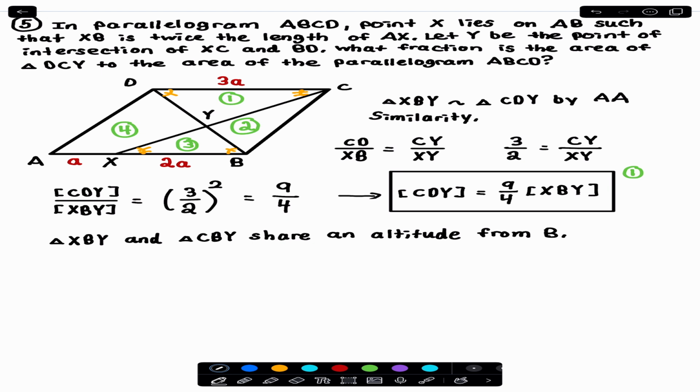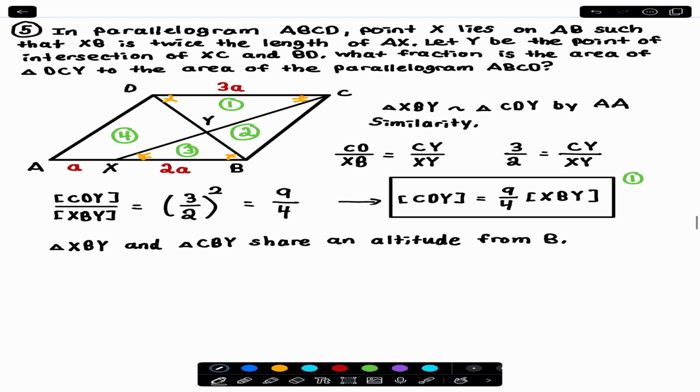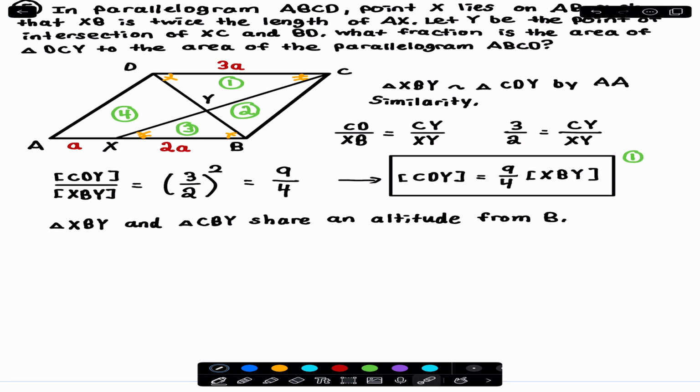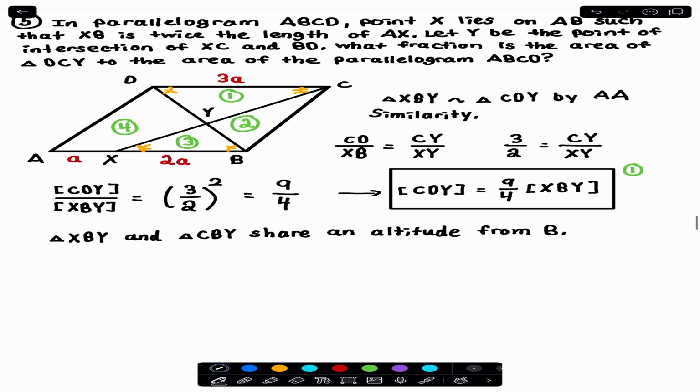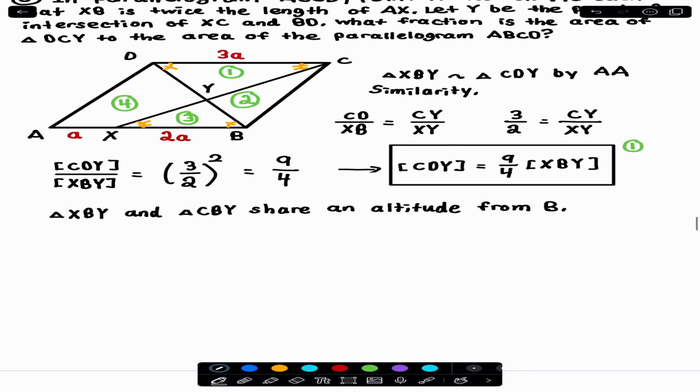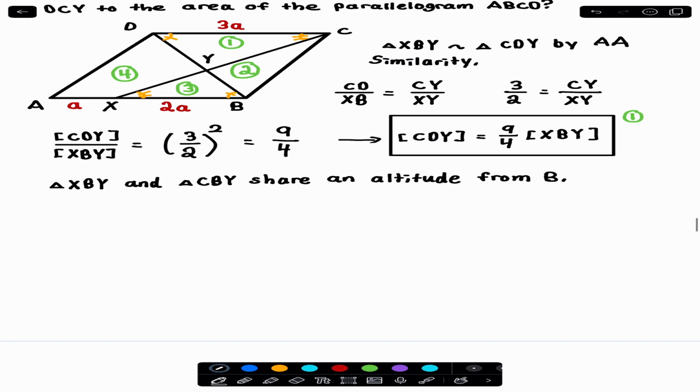Like you should see it in your mind's eye. So I'm not really going to be drawing that out, but very quickly, it's just these two triangles, both sharing an altitude, dropping down from point B. If you ever struggle to see that, always just draw it out on your own. But I'm trying to save us some time here.